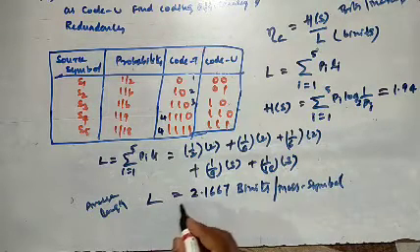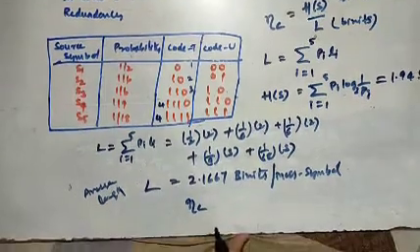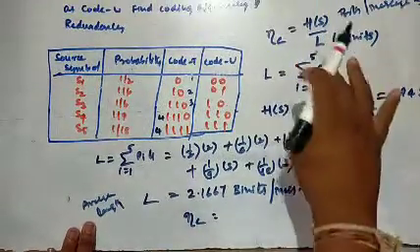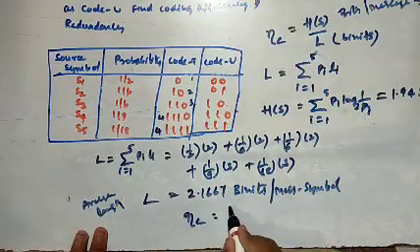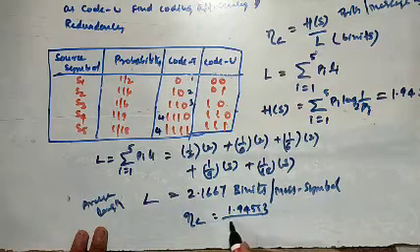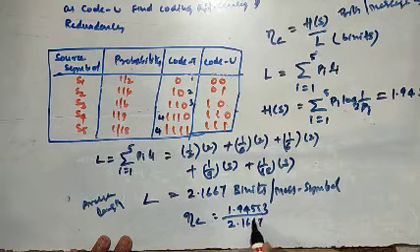Okay, now we can calculate eta C, the coding efficiency, is equal to the formula H of S divided by L. What is H of S? 1.94553 divided by L for the second coding is 2.1667.